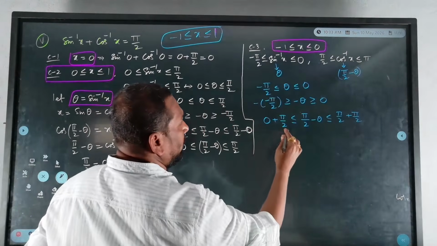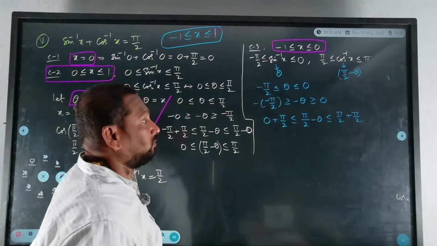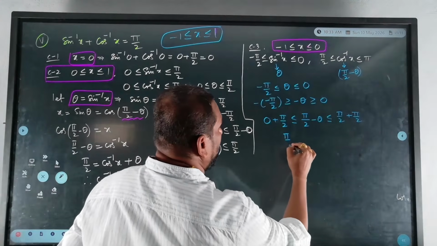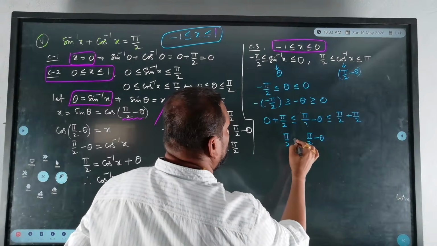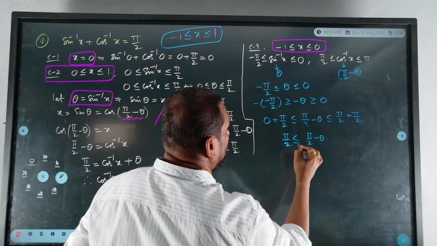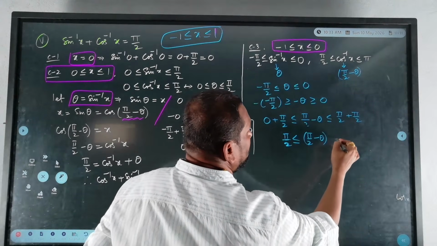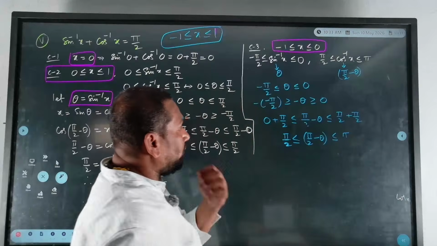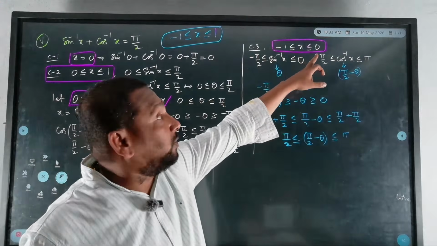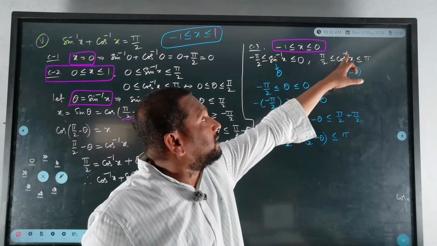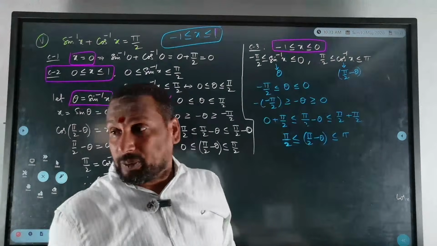The inequality changes; add pi by 2 in each case. So now look, when theta lies between minus pi by 2 and 0, pi by 2 minus theta lies between pi by 2 and pi.